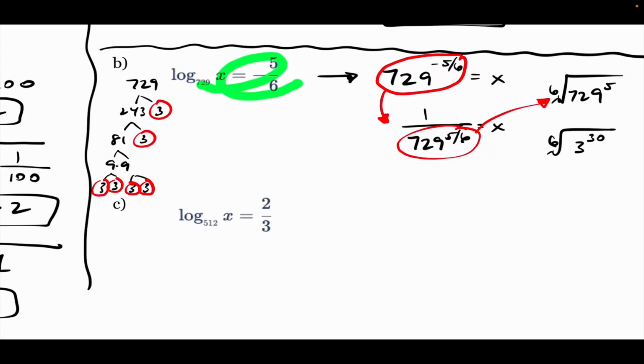So I have 3 times 3 times 3, 30 times. How many groups of 6 do I have? 5. So that means 3 to the 5th can come out. 3 times 3 times 3 times 3 times 3 is 243. Move that guy back in.